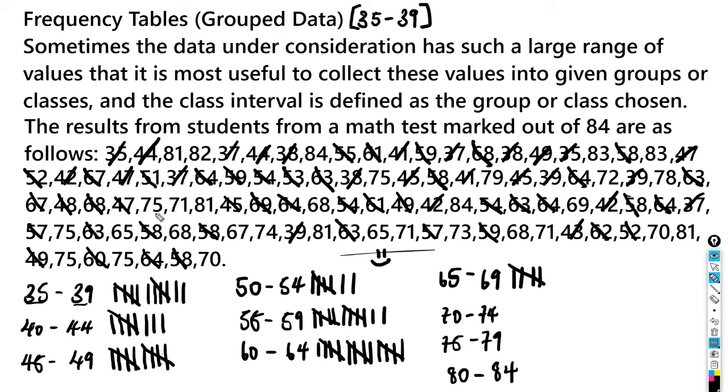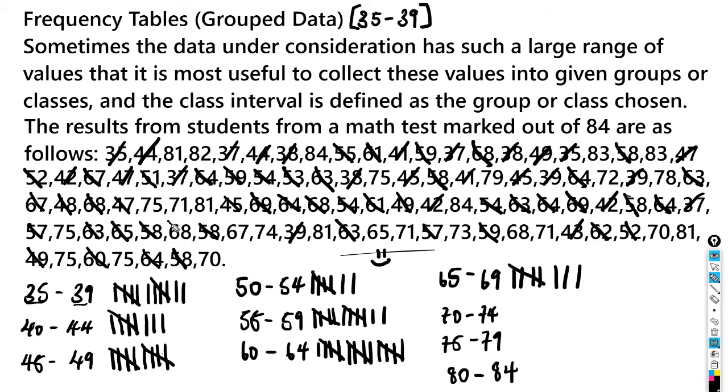65 to 69. All right. Then I have a 68 here, so that's 6. Then I have another 69 here, so that's 7. And then I have a 65 here, so that's 8.